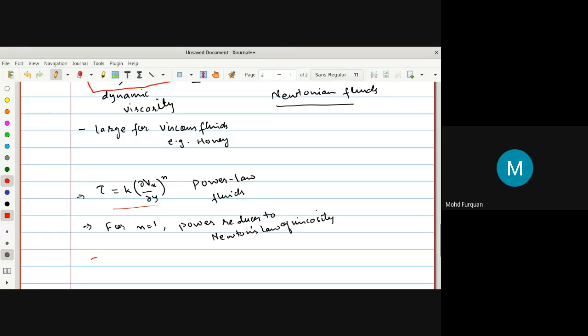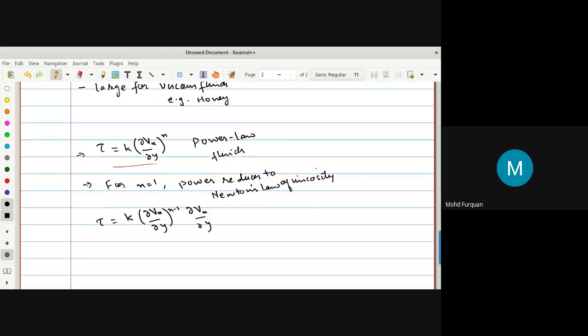Also, you can write this relation like this: tau is equal to k times (del Vx over del y) to the power n minus 1, times del Vx over del y. If you compare this relation to Newton's law of viscosity, what is Newton's law of viscosity?